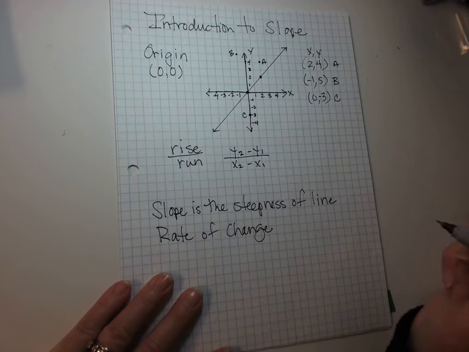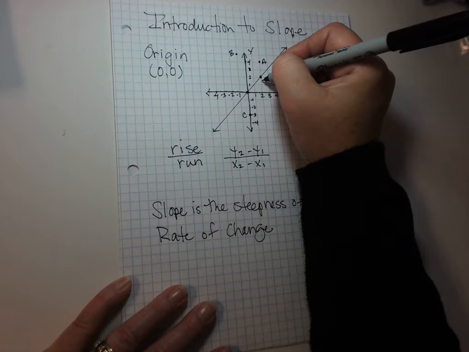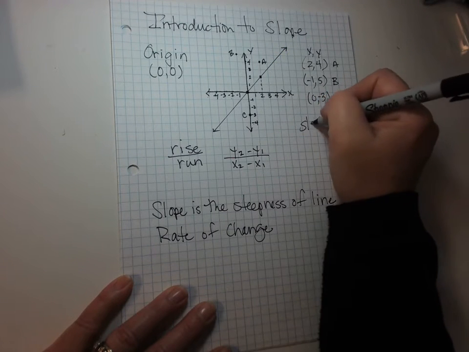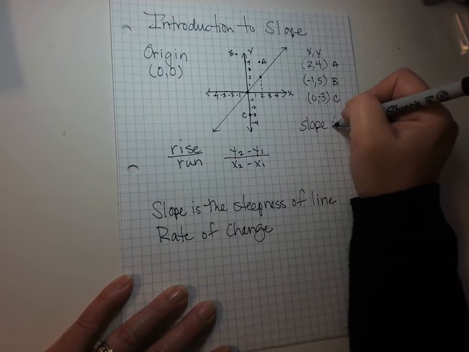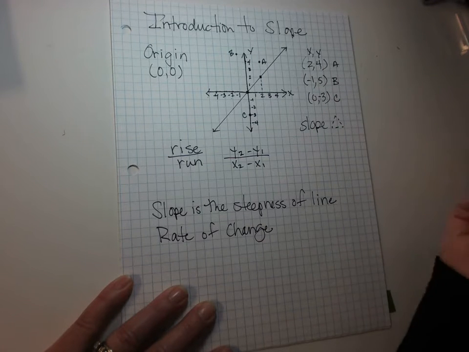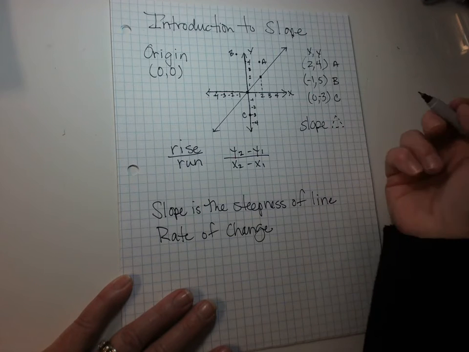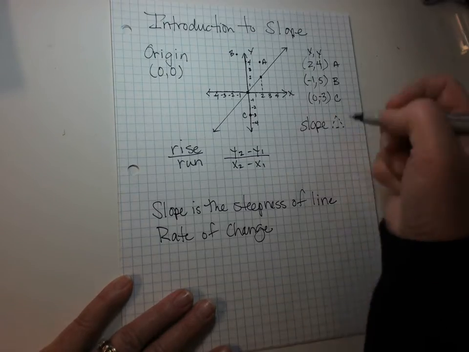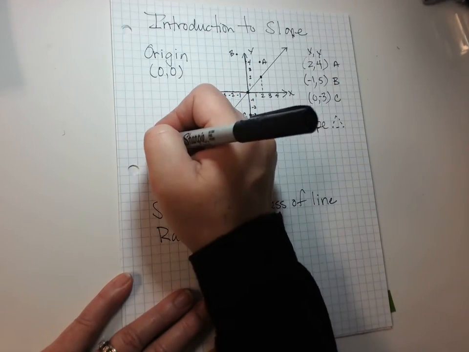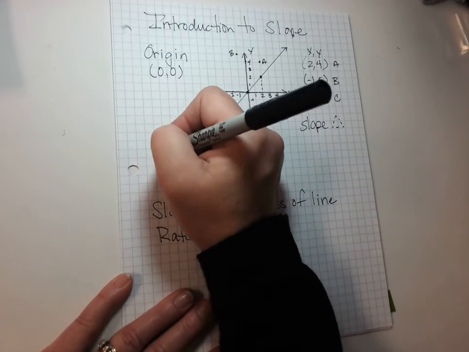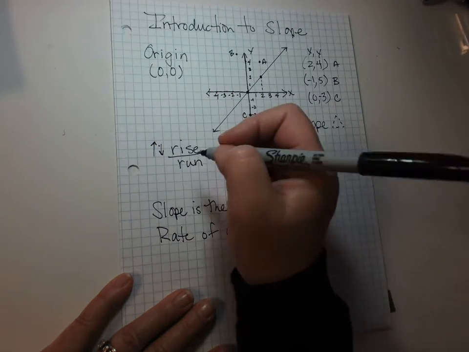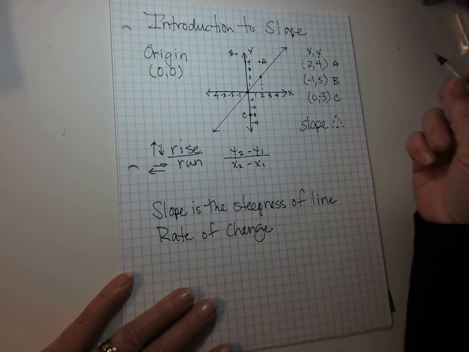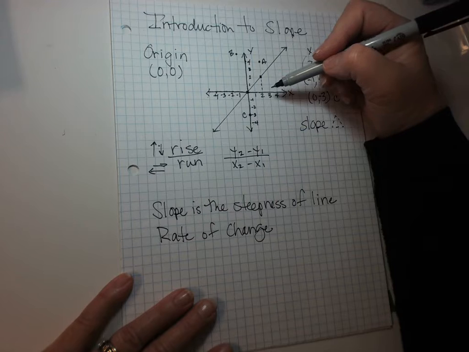First, I'm going to make what I call a slope triangle, because it helps me to see the rise over run. Rise could mean you go up or down, and run could be negative.